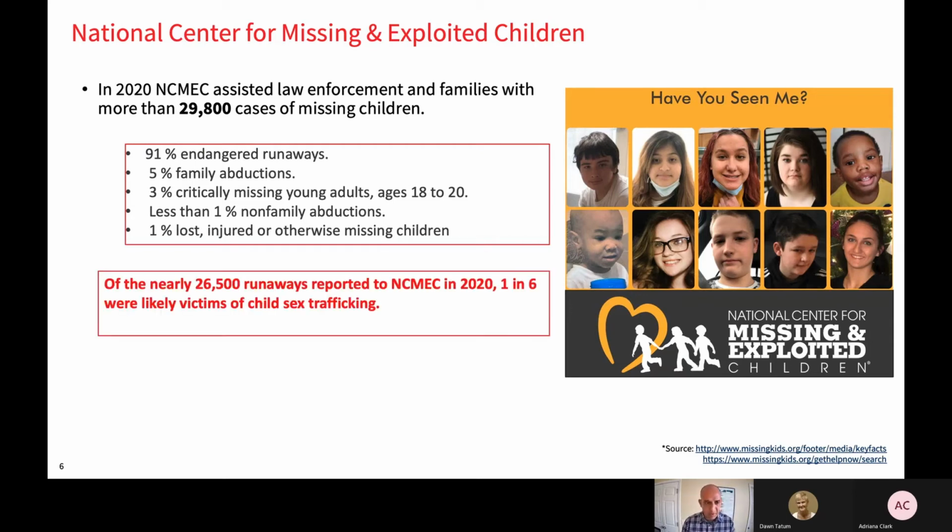Now, more importantly, this is what we are concerned with as far as the challenge is concerned. Out of the 26,000 runaways reported to NCMEC in 2020, 1 in 6 were likely to be victims of child sex trafficking, and that is a mind-blowing statistic.